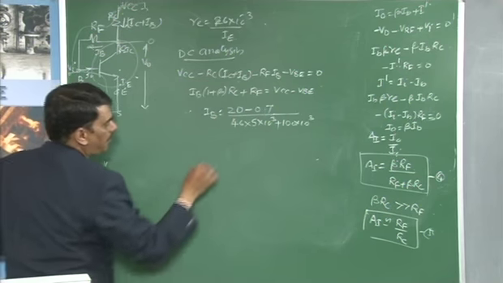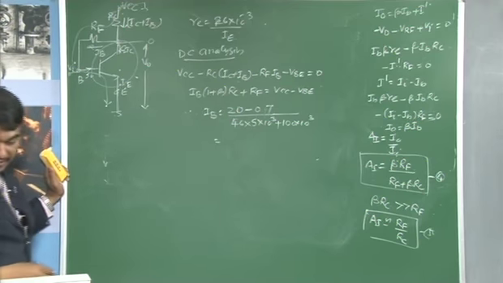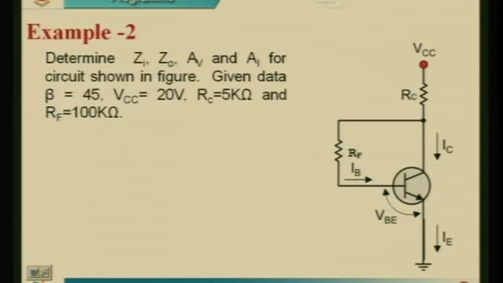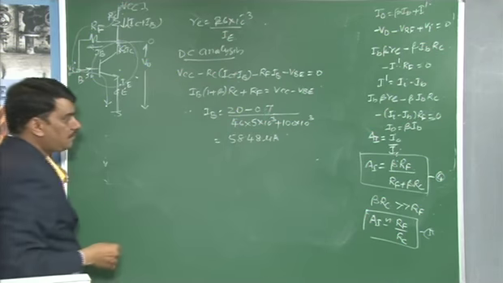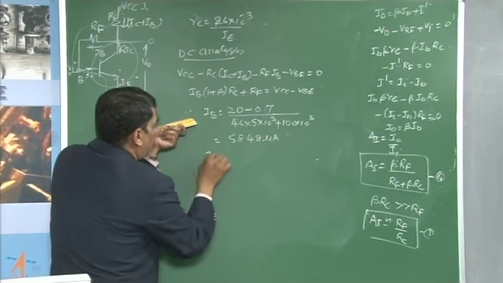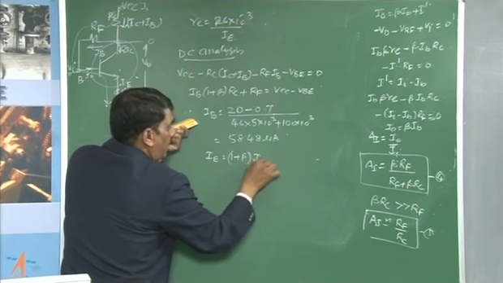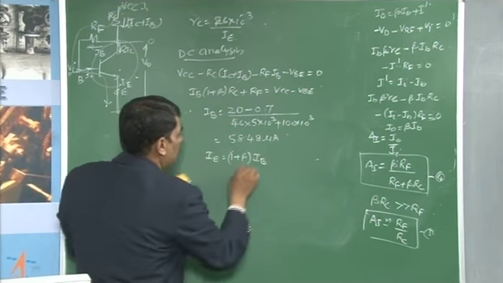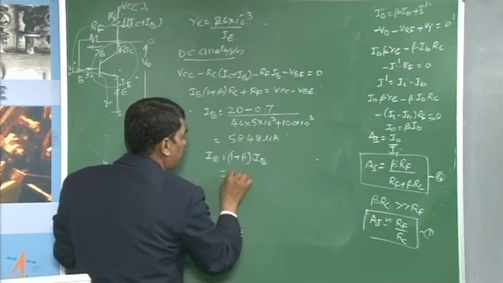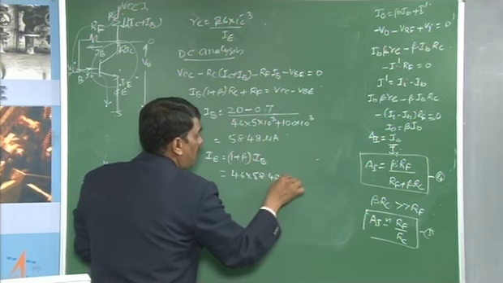Substituting and simplifying this expression, you are going to get the value of the current IB equal to 58.48 microamperes. After getting this IB value, you need to determine the IE value, where IE is equal to (1 plus beta) times IB. Substituting, you get 46 into 58.48 microamperes.